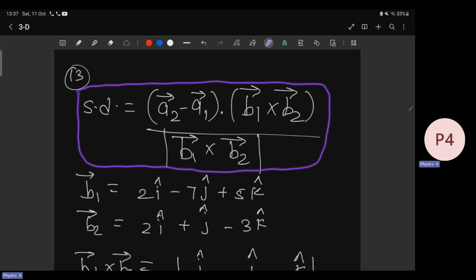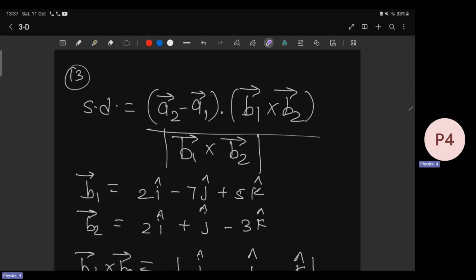Every year in IIT JEE Mains as well as Advanced, the concept of the shortest distance between two lines, with its special case that shortest distance between two skew lines, is asked. So this is a very important question. This is the type of question which comes in the exam for sure. You mark it. This question will appear in your exam 100% sure.